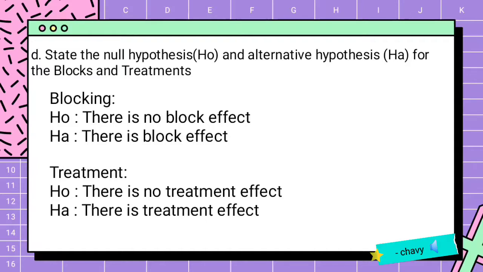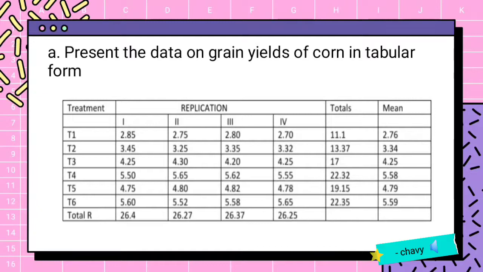Further, in treatment, the null hypothesis is written in such a way that there is no treatment effect, while the alternative hypothesis is that there is treatment effect. After stating the null and alternative hypotheses, we will jump into the next slide.